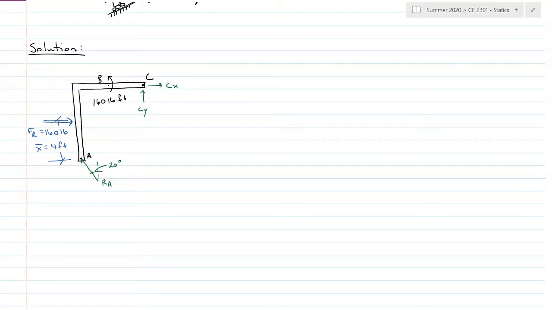So now that I've got my free body diagram established, I can sum for my forces in the X direction, and I will need to break apart reaction A into its vertical and horizontal components. So this would be reaction AX and reaction AY.